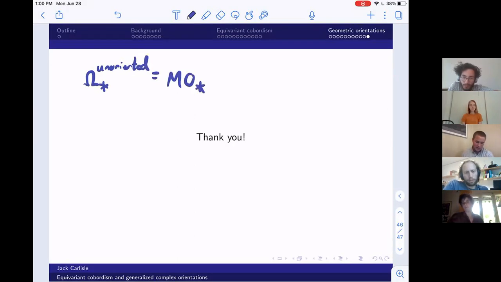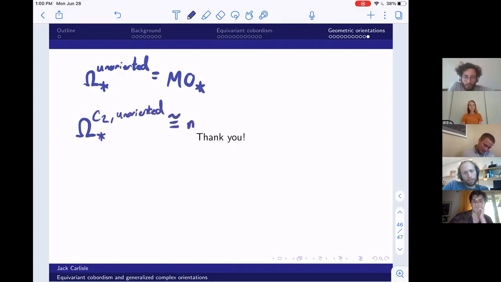This is true. But isn't something also true equivariantly? Yes, it is. And perhaps if you're familiar with the literature on this, the notation with which you might be familiar is that omega C2 unoriented is isomorphic to little mo C2 star.